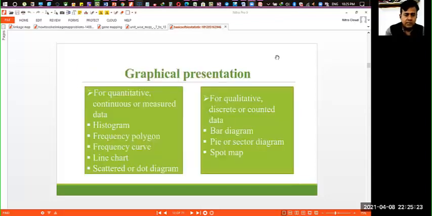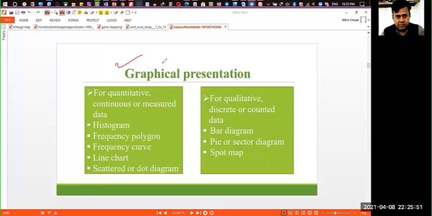This is a very important part in the CSIR, because nowadays since research is very important, they are focusing more and more on asking questions from graphical and tabular presentation, because most of the students are just mugging up the theoretical concepts, and they don't know how to apply them or the actual logic.